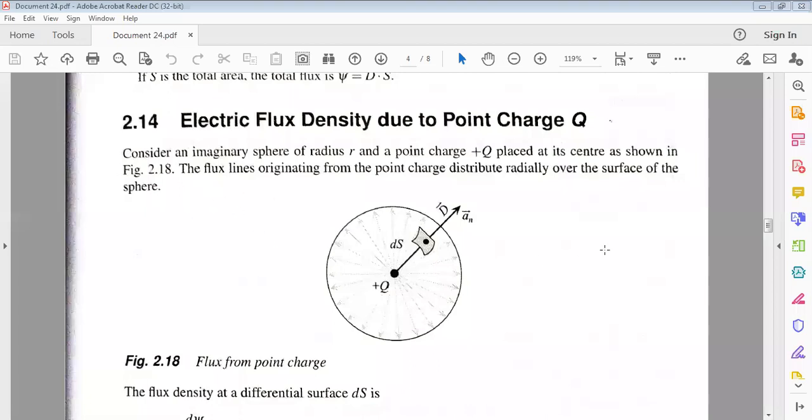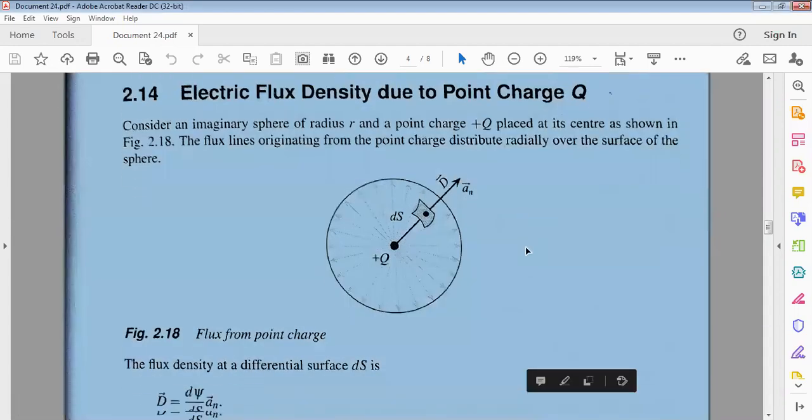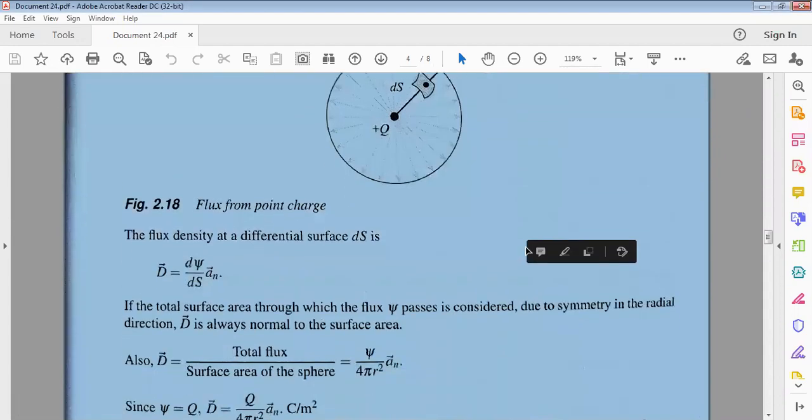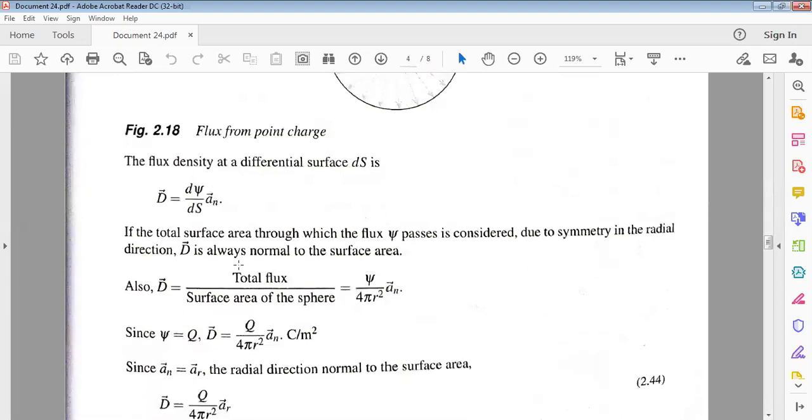Consider an imaginary sphere of radius r around the point charge plus q at the center. The flux lines originate from this plus q towards the minus q over the surface of the sphere. At any point, the flux density at a differential surface ds is D. As per the definition, D equals d psi by ds.